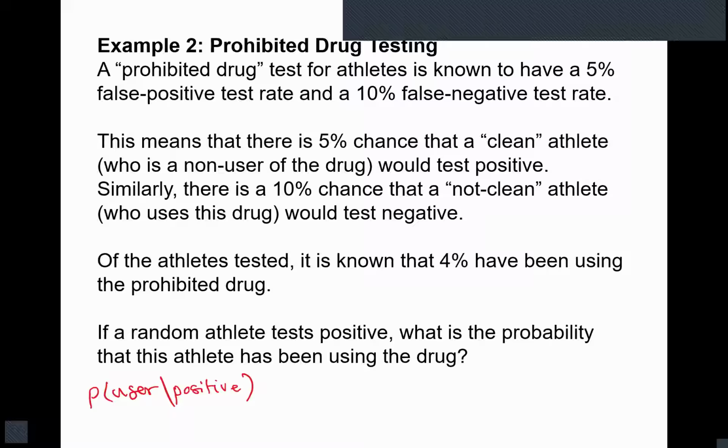We just computed the probability of positive, which is 0.084, and in our numerator, we need the probability of user and positive.